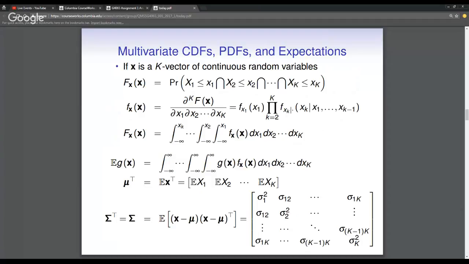So we've generalized this idea of a univariate CDF to a multivariate CDF, which involves all these inequalities holding simultaneously. What's the probability of that?